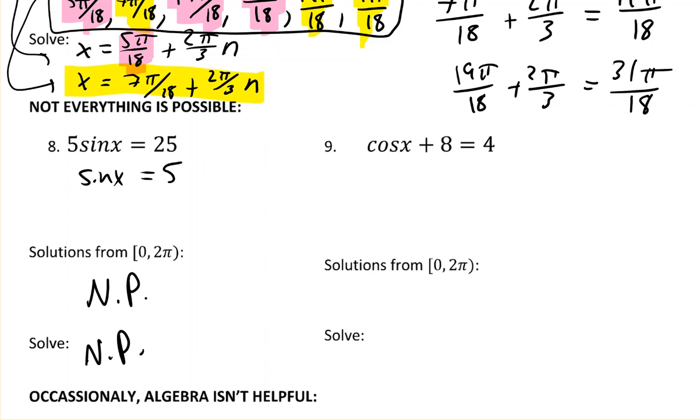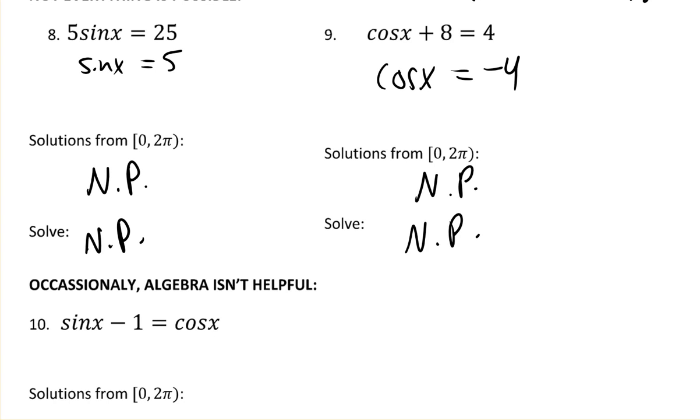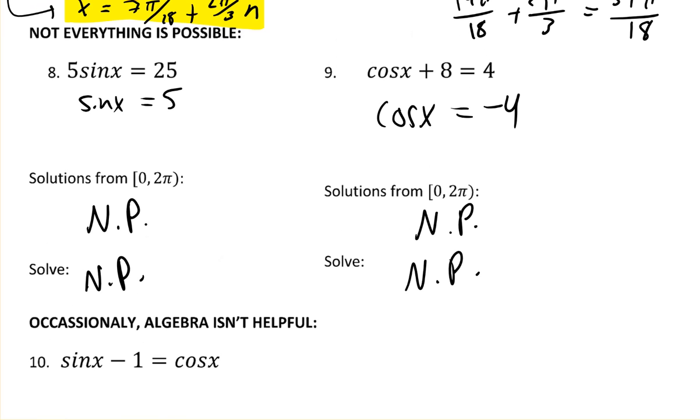Or if you subtracted 8 from both sides, ask yourself, when is cosine negative 4? Well, cosine's not negative 4. Not possible. So you should see that a few times, and those are nice questions too. Like, obviously you have to catch that that doesn't make sense, but it's a lot less work than other ones.